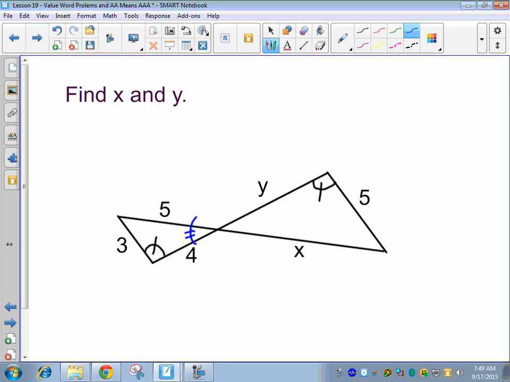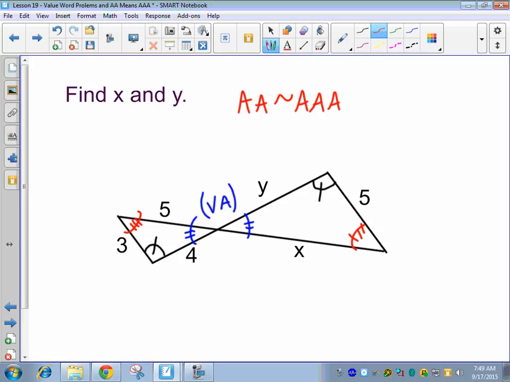These two that are right across from each other are definitely congruent because they are vertical angles. Then, if we know two angles, we know the third one also has to be congruent, because two angles means we know three angles.